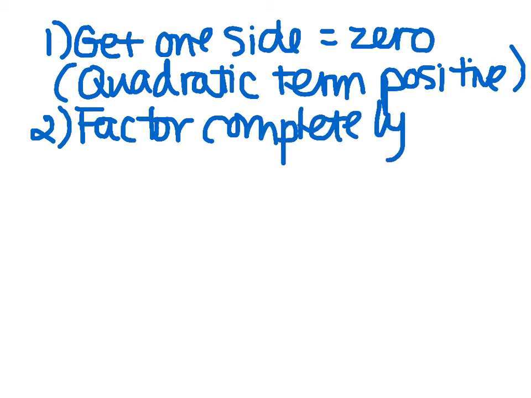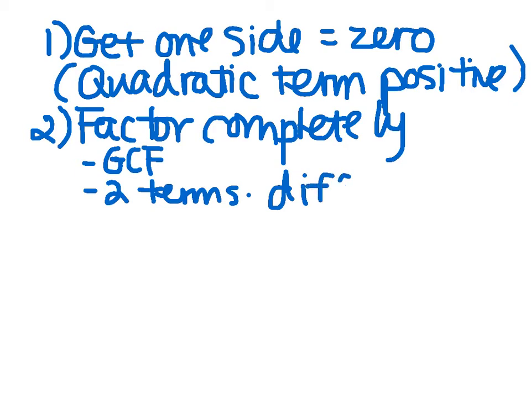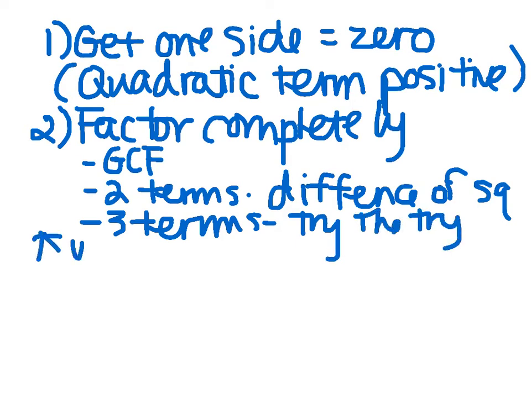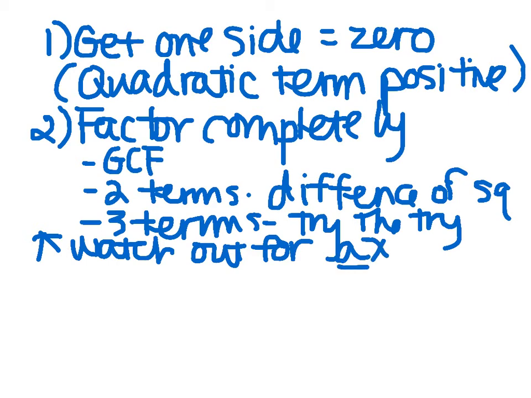Beginning tomorrow, we're going to go through all of the different steps. But don't forget, that means GCF, and then 2 terms, you're going to be looking for a difference of squares. I probably should do one like that. 3 terms, try the trinomial, but watch out for the ax squared.